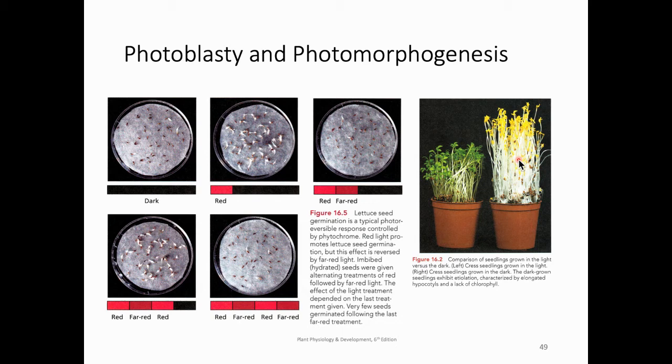Similar to shade avoidance. And this phenotype we call photomorphogenesis. Actually, when it receives light, the plant will become shorter, sturdier, greener, and the leaves open.